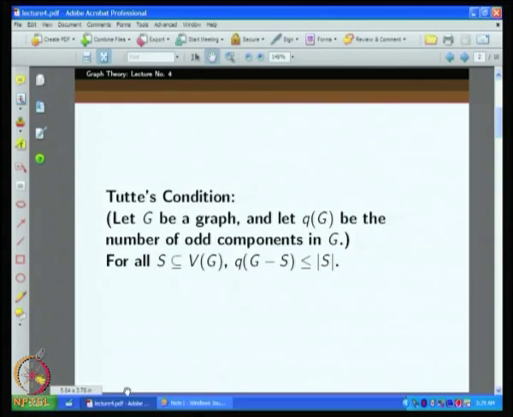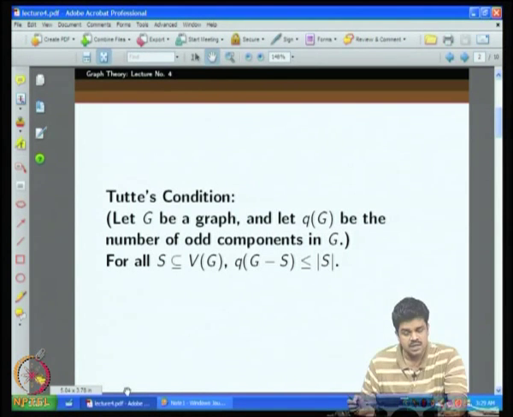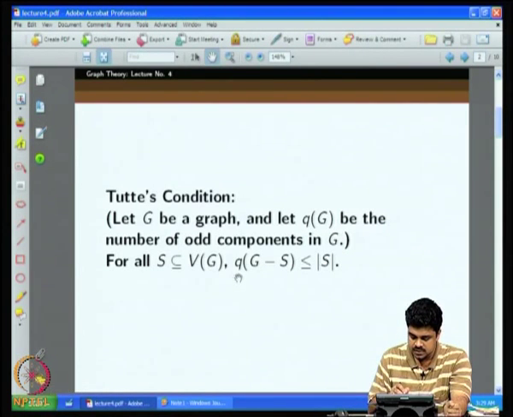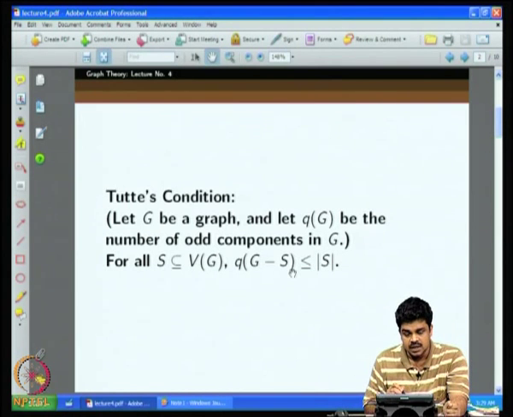Now we consider some subset S of the vertex set, remove that subset S from G, and count the number of odd components. This is Q of G minus S. G minus S is the graph which remains after the removal of the vertex set S. When you remove the vertex set S, you also remove all the edges incident on those vertices.